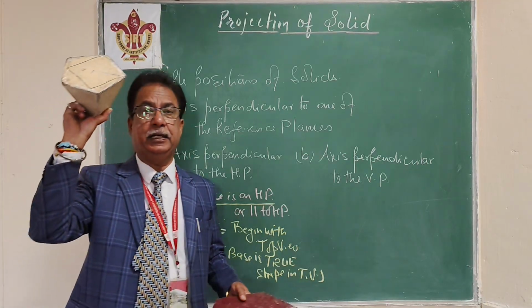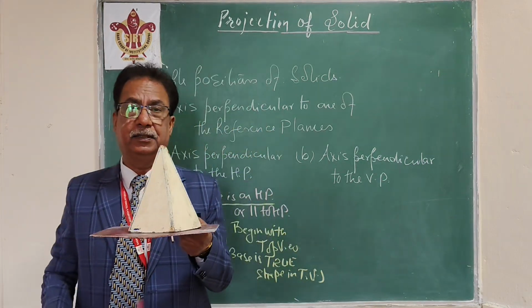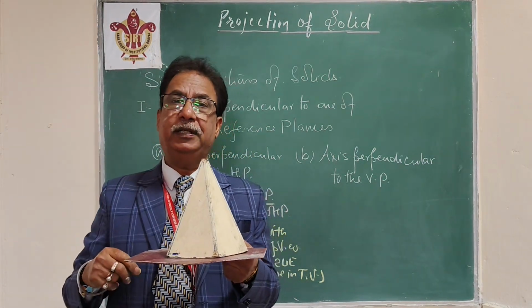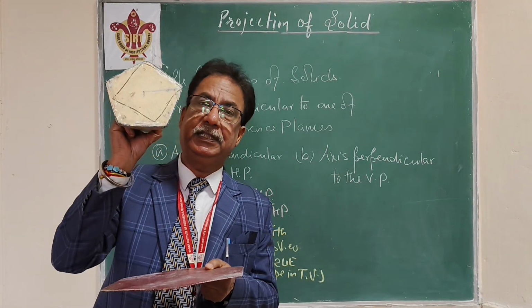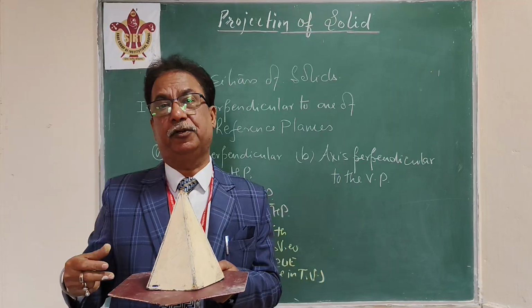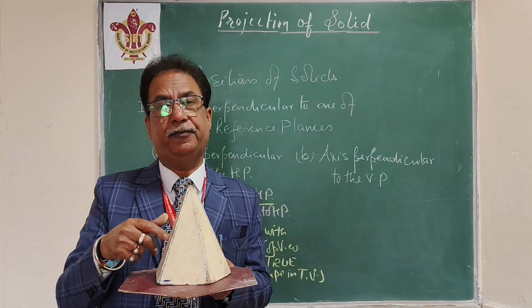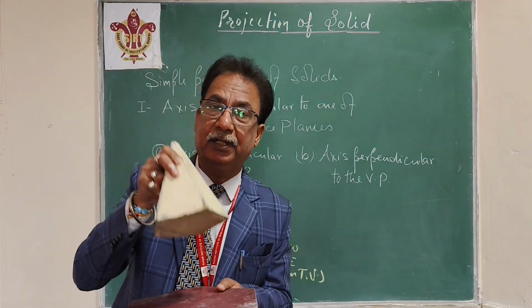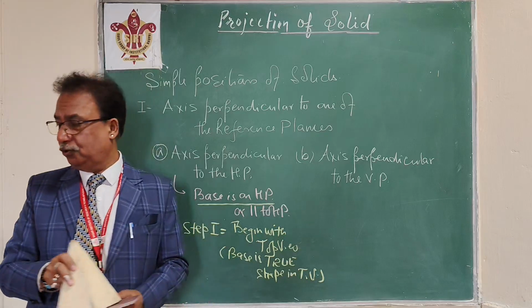In the case of a pyramid, this is a pentagonal pyramid. Suppose I again keep it like this, with the base on the HP, so the axis is perpendicular to HP. In its top view we will see a pentagon, and in the front view a triangle. So it is not possible to start by drawing the front view; we should start with the top view. This is the first concept in the simple position of a solid.